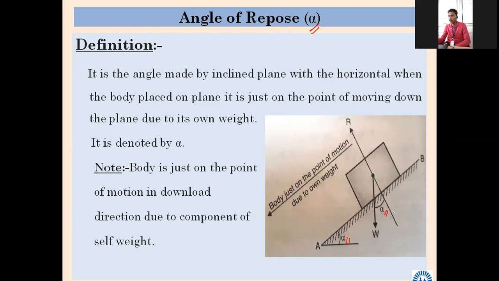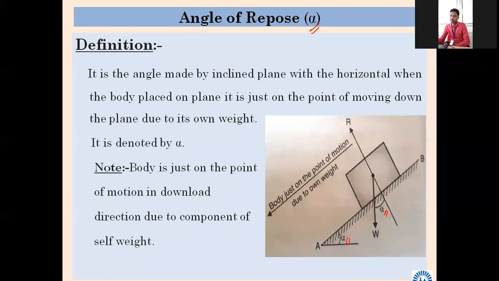The angle made by the inclined surface with horizontal. Do you remember this sentence? The angle made by the inclined surface with horizontal is equal to the angle made by the reaction with whom? With vertical. So the same concept is applied here.